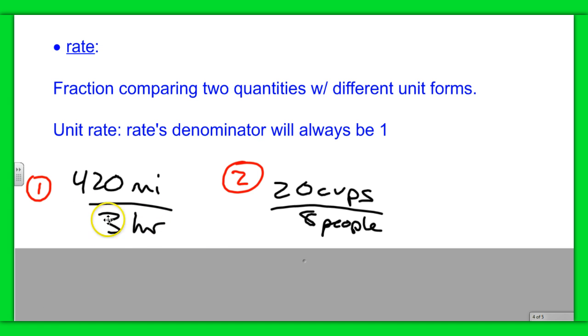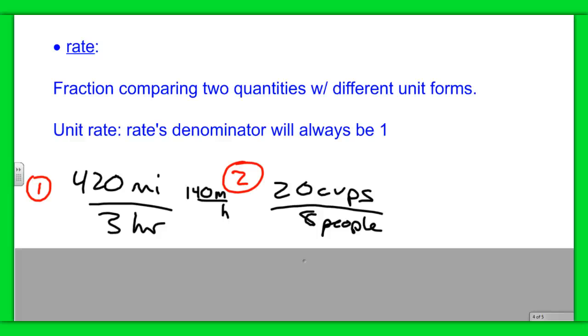We want a denominator of 1, so we simply divide the numerator. 420 divided by 3, and you get something big. 3 goes into 4 once, and you have 12, so 140. So the unit rate here is 140 miles per hour. I don't think I really drove to school that fast. Not on my scooter. And I hope not in any of your cars either.